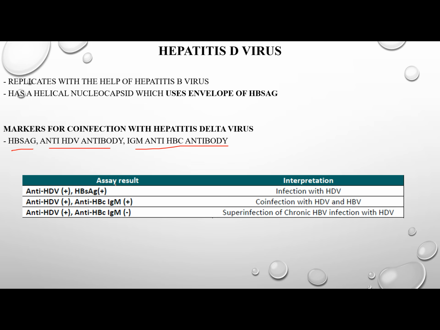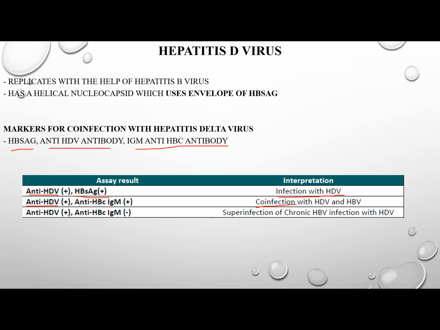So ito yung mga assay result. Kapag meron kang infection with hepatitis delta virus, you would be positive for anti-HDV and hepatitis B surface antigen. Kapag meron ka namang both hepatitis B and hepatitis D virus infection, or you have a co-infection, positive ka dito.